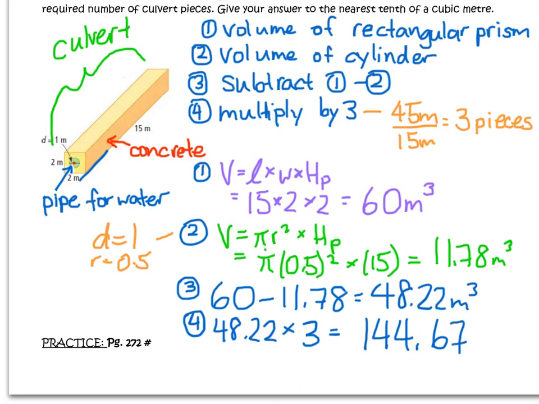So 6, 7, what? 6.7. So something around 144.7 meters cubed should be the amount of concrete that he needs to pour to make these culverts.